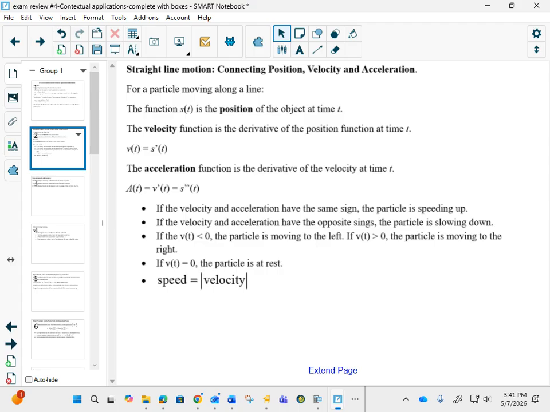If they're the opposite sign, then it's slowing down. Velocity is negative, something's moving to the left. Velocity is positive, it's moving to the right. Anytime your velocity is equal to 0, your particle is at rest. Okay? And speed is the absolute value of velocity.